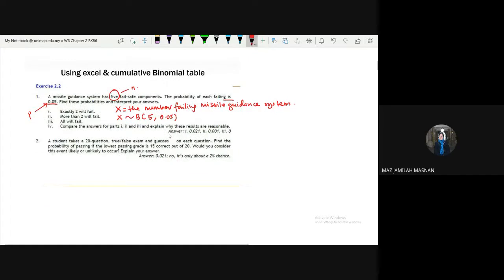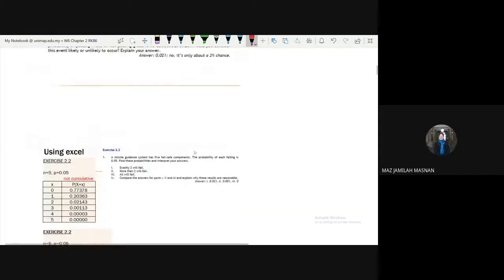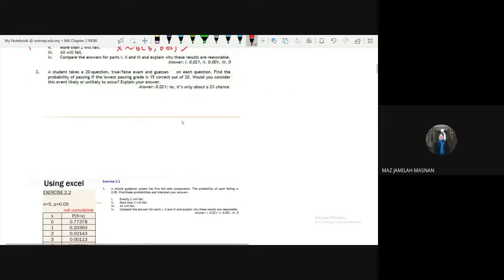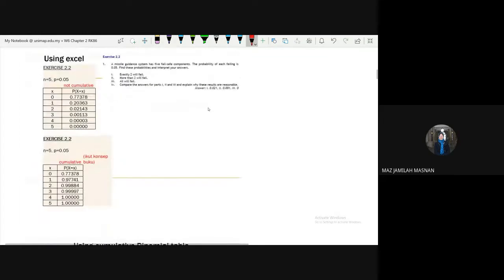Okay, let us begin by using Excel. Having said that X is binomially distributed with number of trials 5 and probability of success 0.05, let me make it simple for you. Now, I have my Excel values.